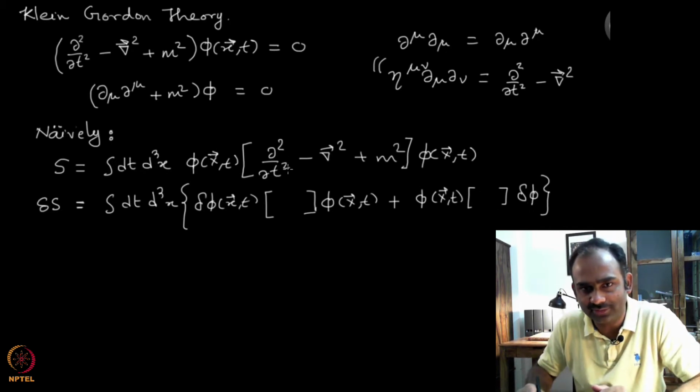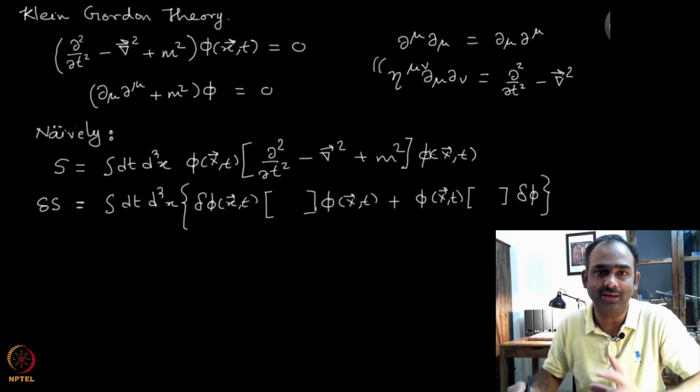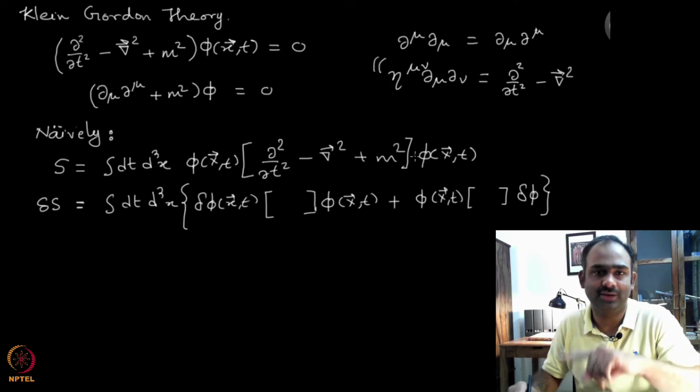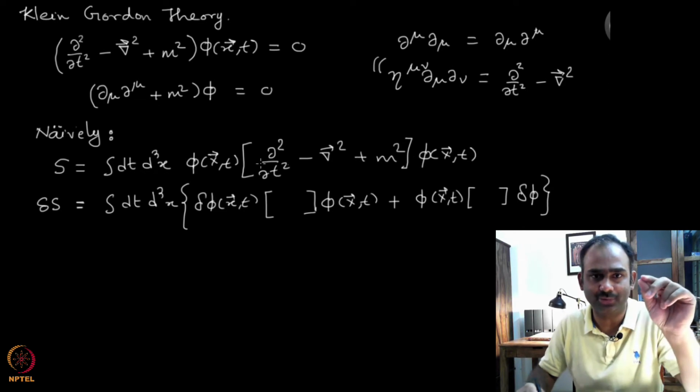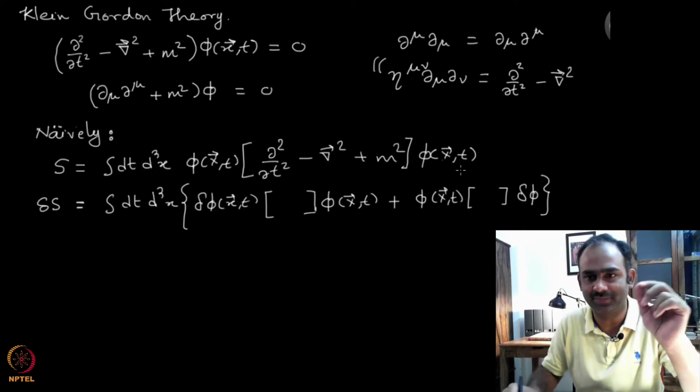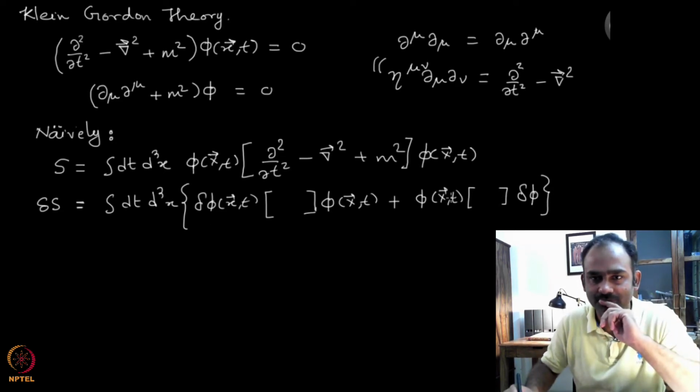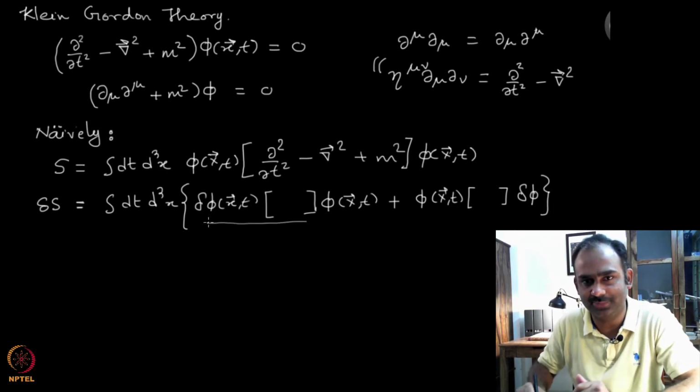So you have two derivatives of time which are acting on phi and two derivatives of space which are acting on phi, but I can use integration by parts and pull out one after another the derivatives and put them on this phi. So I can transfer the derivatives to this one. Nothing has to be done for this piece.